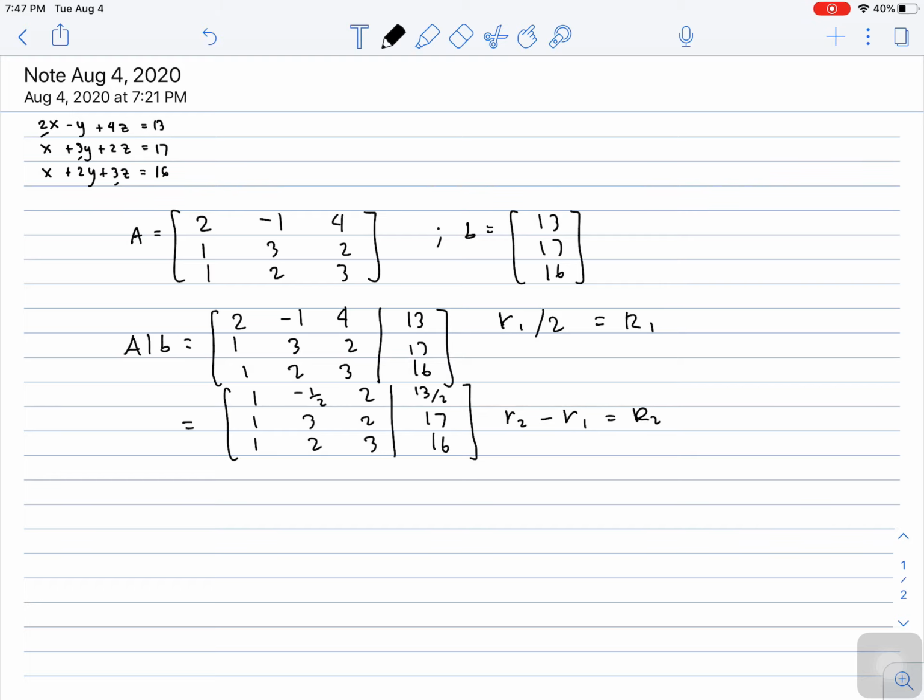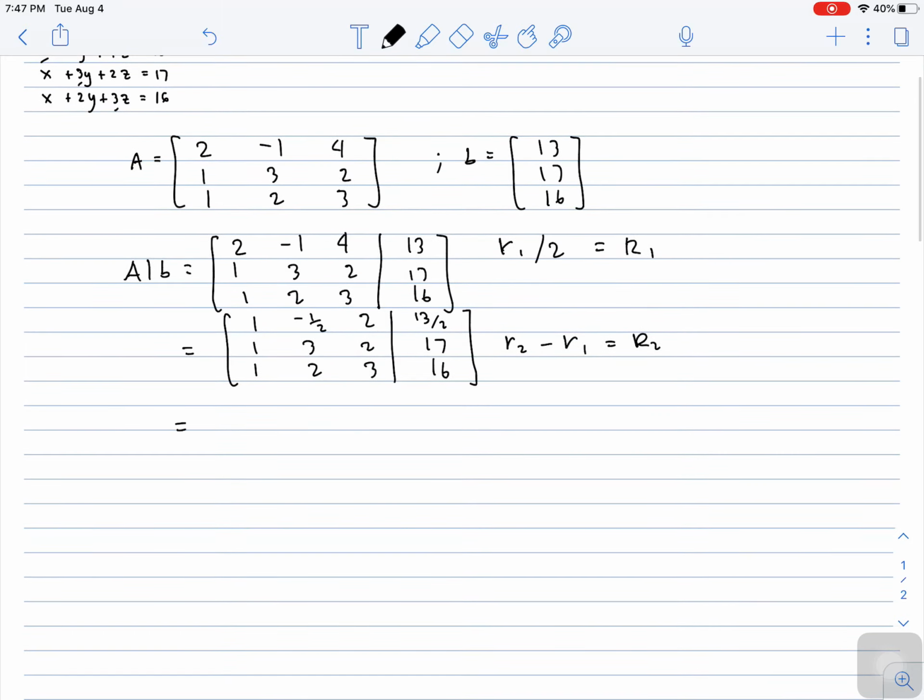Copy the other rows. Then we use the formula: R sub 2 minus R sub 1 is equal to our new R sub 2.